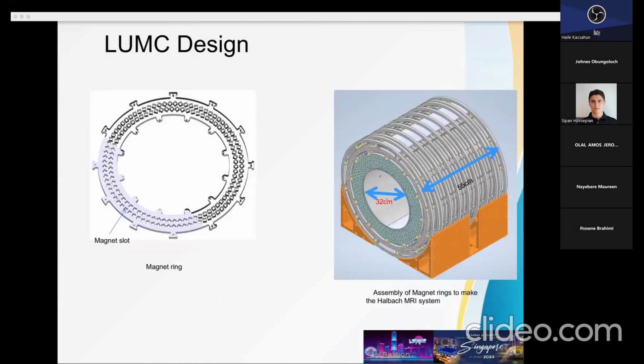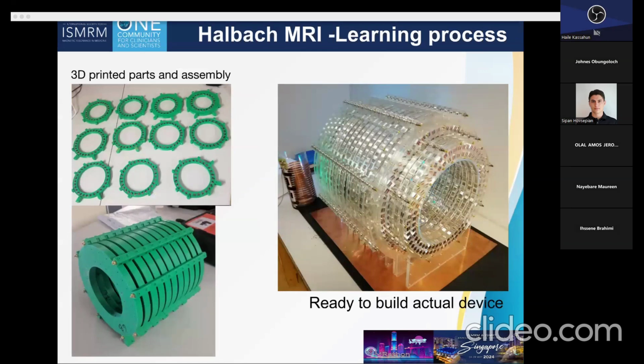This is an example of a Halbach array system that we have in our lab with an imaging volume of about 32 centimeters and a length of about 55 centimeters, generating just about 48 to 50 millitesla in magnetic field strength.